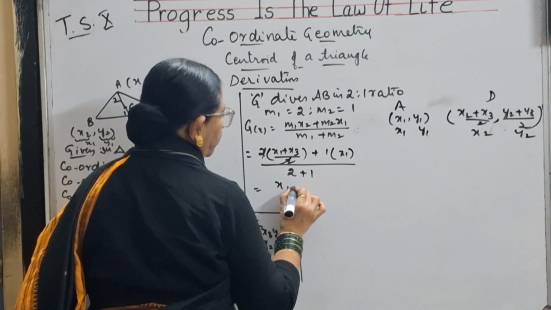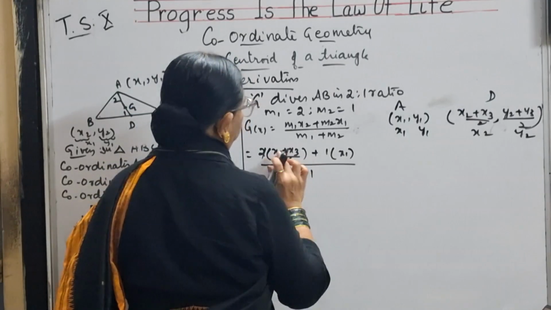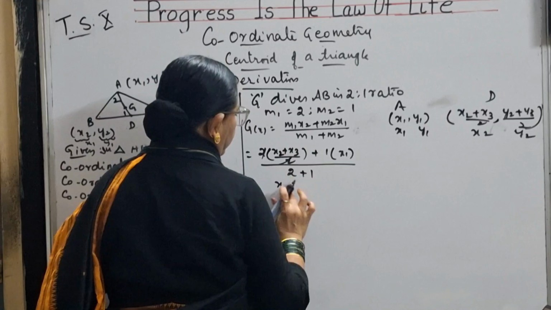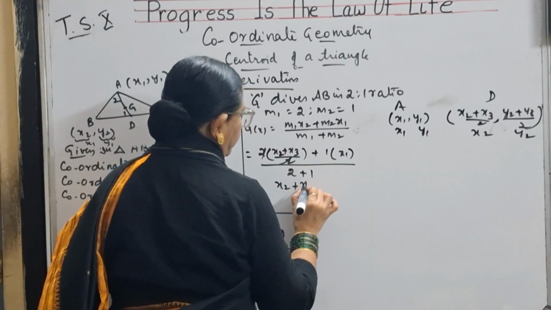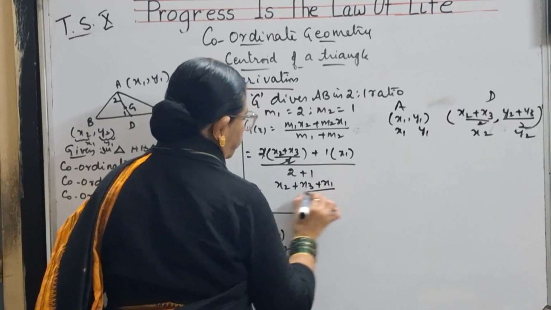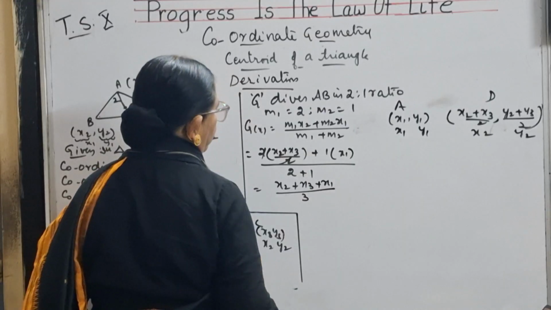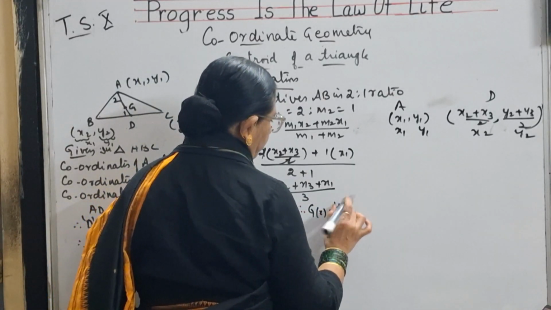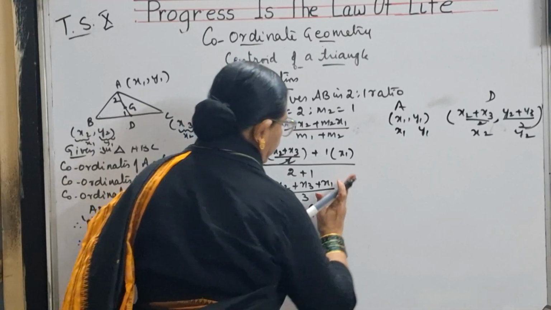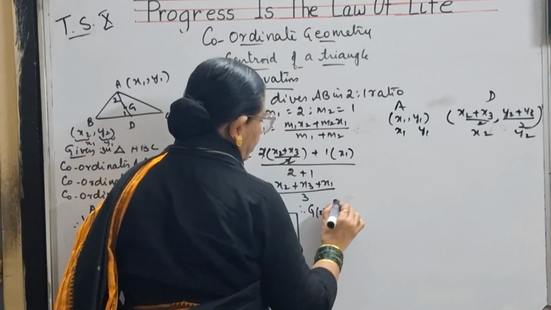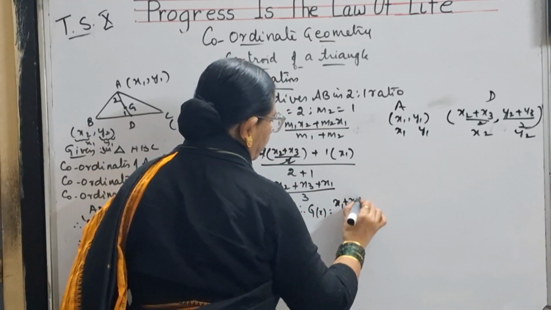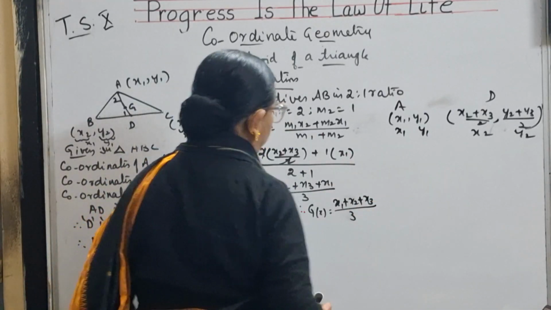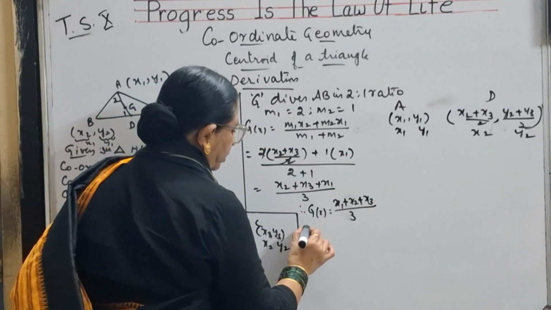So I will be getting x1, this is x2 plus x3, no? x2 plus x3 plus x1 by 3. Okay, therefore, G of x is equal to x1 plus x2 plus x3 by 3. Now, let us go for G of y.